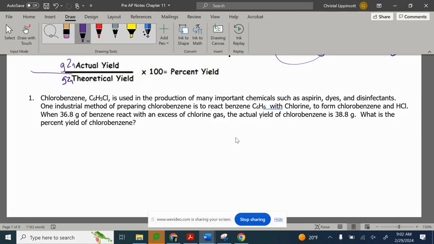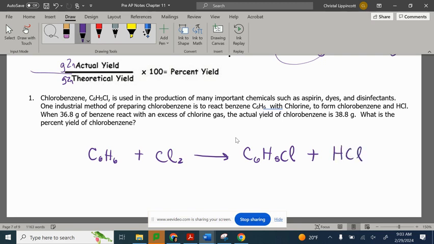Okay, so we're going to react benzene with chlorine to form this chlorobenzene, which is C6H5Cl plus HCl. All right, so let's see if this is balanced. I've got 2 chlorines. I have 6 hydrogen. Yep, this is already balanced, so we're good.